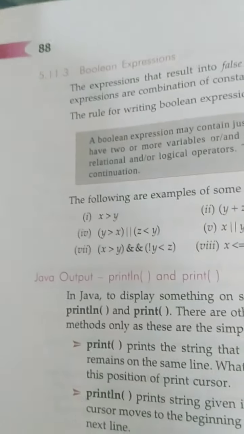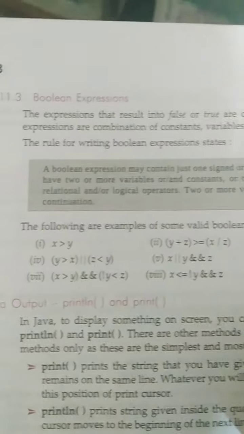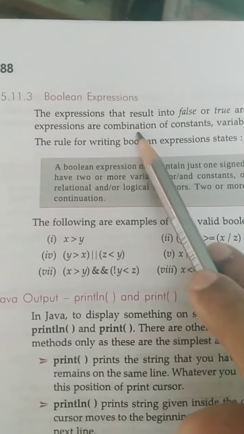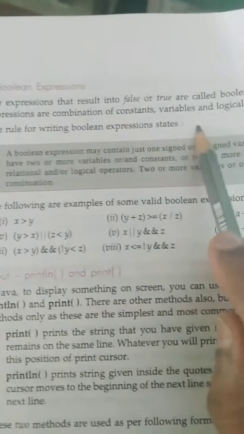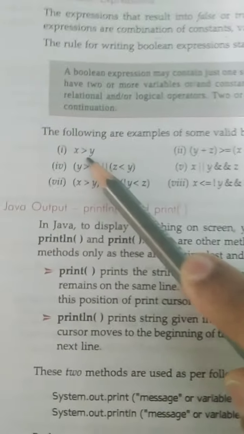Next is Boolean expression. Here the result will be either true or false. Boolean expressions are a combination of constants, variables and logical and relational operators, and the result will be either true or false. See the example, x greater than y. It will give either true or false.